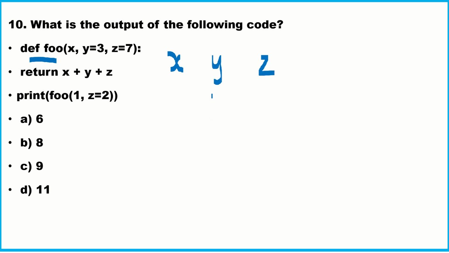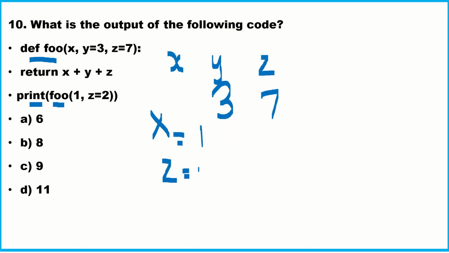X does not have any value, whereas y has the value 3 and z has the value 7. Here return x plus y plus z is given, and the next statement is print foo(1, z=2). Here 1 means x is equal to 1 and z is equal to 2.